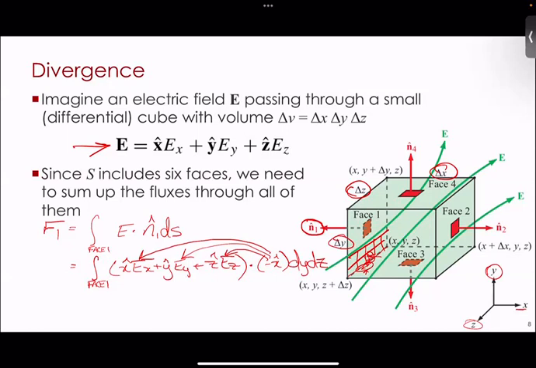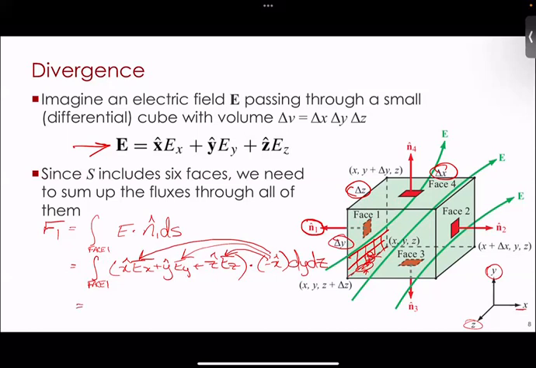What about this one? Also 0, because we have a minus x hat dot z hat. x, y, and z are all 90 degrees apart from each other. Minus x hat dot x hat is minus 1. So we have minus 1 there.